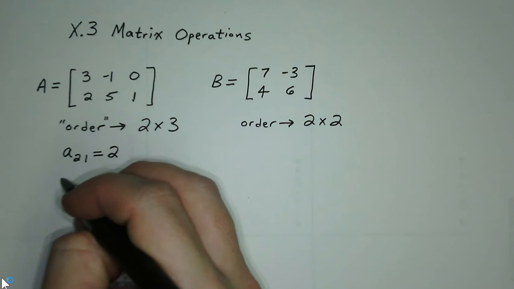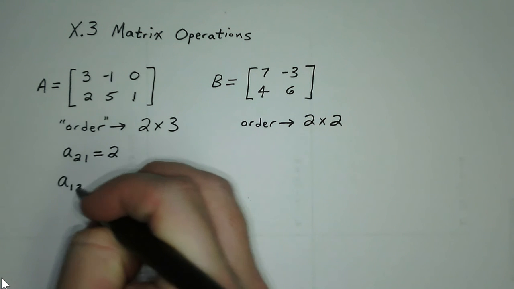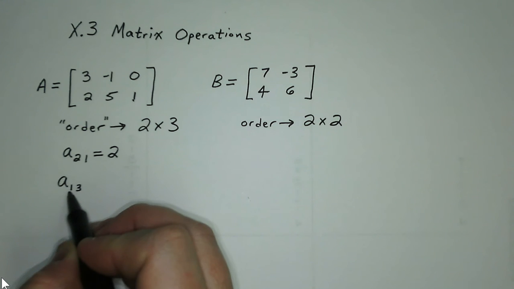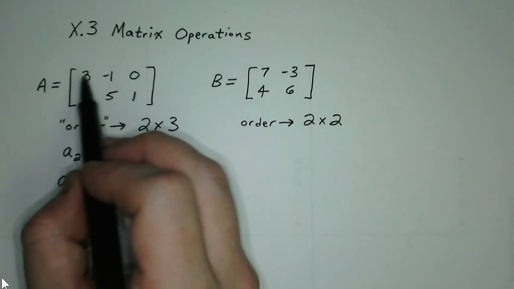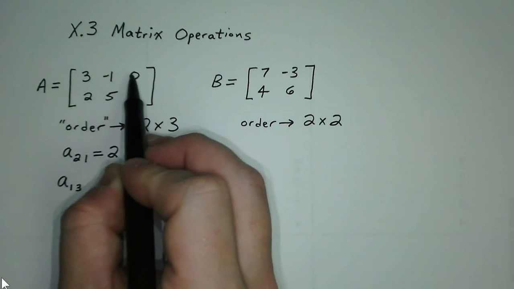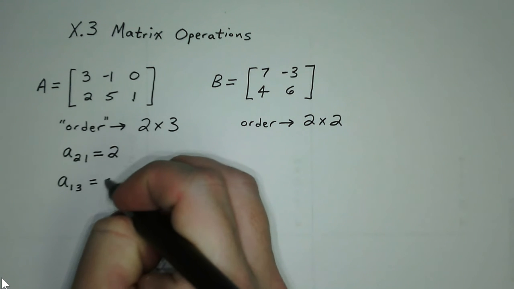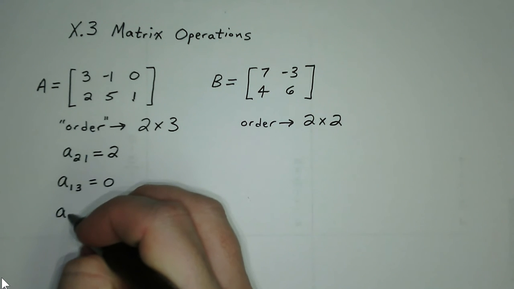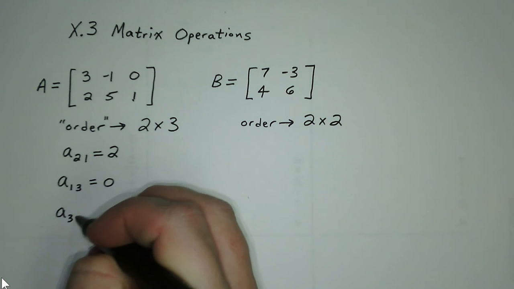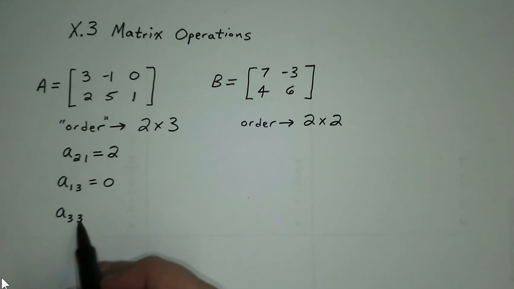Okay? So if I wanted A sub 1, 3, that would be row 1, column 3. So where is that? Row 1, column 3, looks like the 0. And let's say I wanted A sub 3, 3, row 3, column 3.